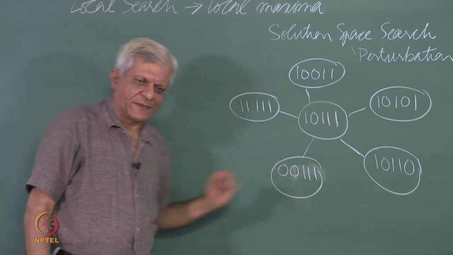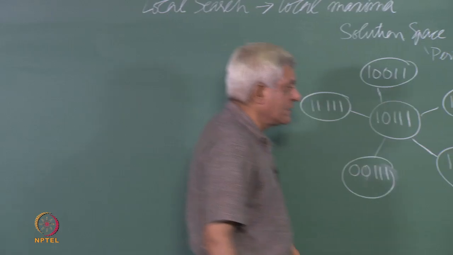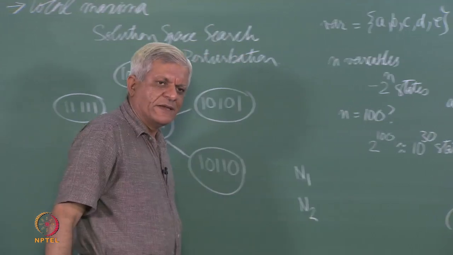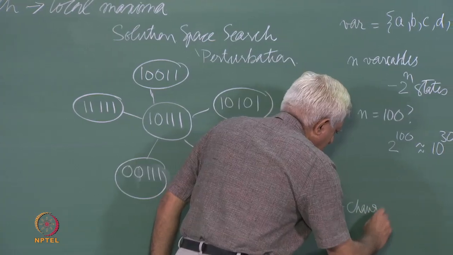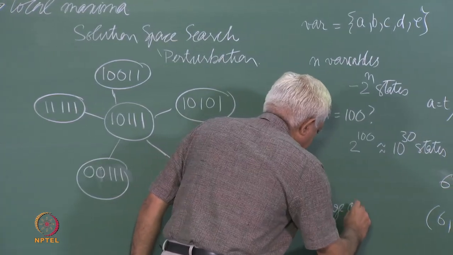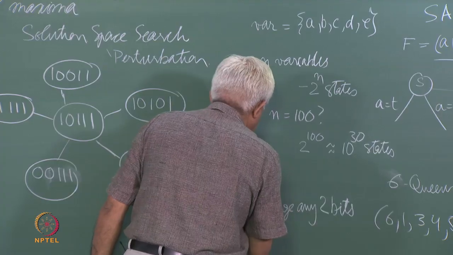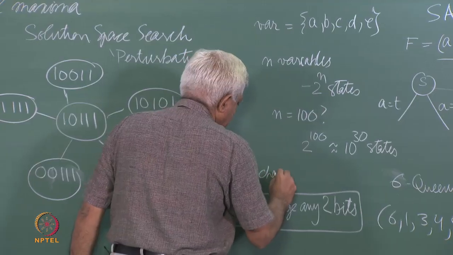We will have to keep this in mind essentially. I can think of another move gen function, neighborhood function. I will just call it n2 and it says change any 2 bits. So, n1 says change 1 bit.